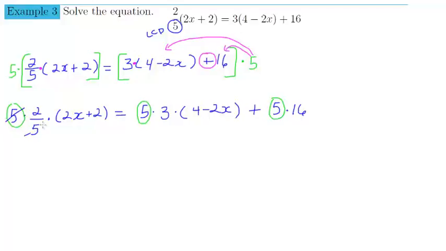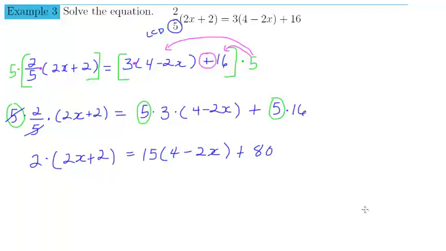This 5 and this 5 are going to reduce and leave me with a 2 times 2x plus 2. This 5 times this 3 will give me 15, and then I still have a 4 minus 2x in parentheses. And then 5 times 16 is 80.